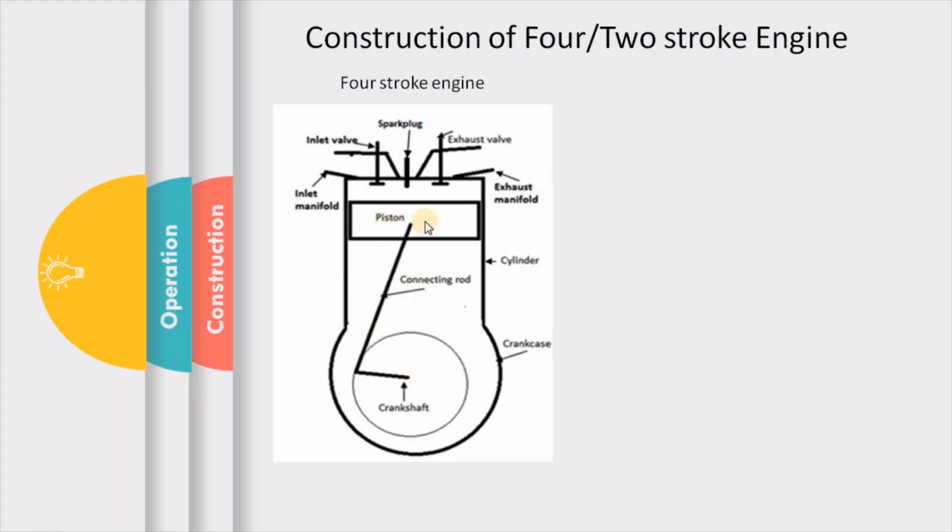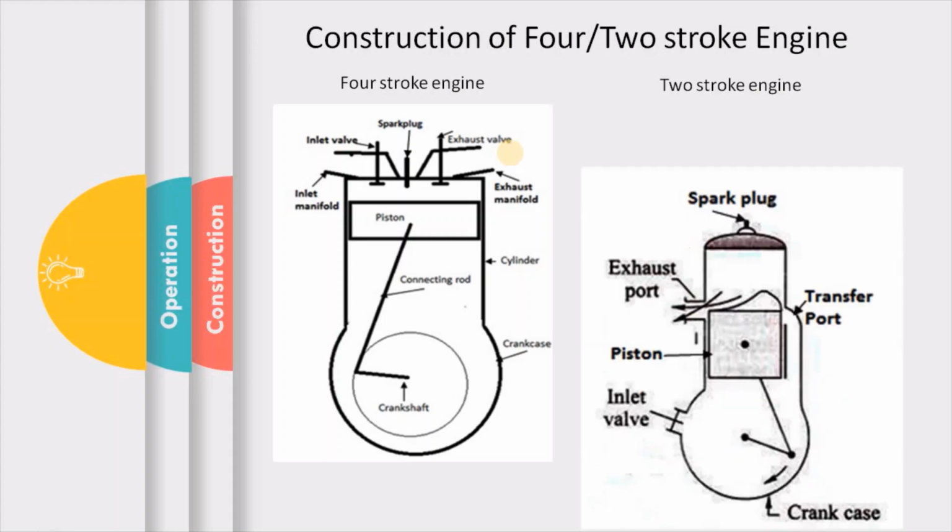The piston moves up and down, and four strokes of this piston are available for completion of one cycle. The combustion happens over here, and intake happens through the inlet valve, that is, the mixture moves in through the inlet manifold across the valve, and the exhaust happens across the exhaust valve and through the exhaust manifold.